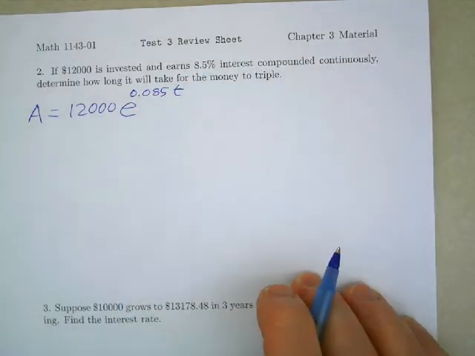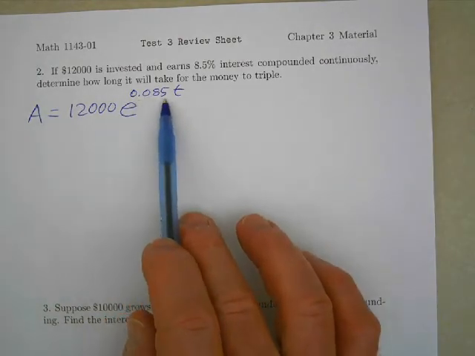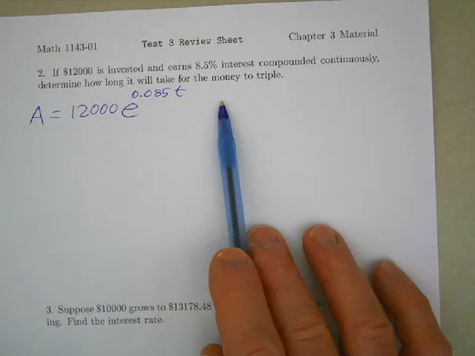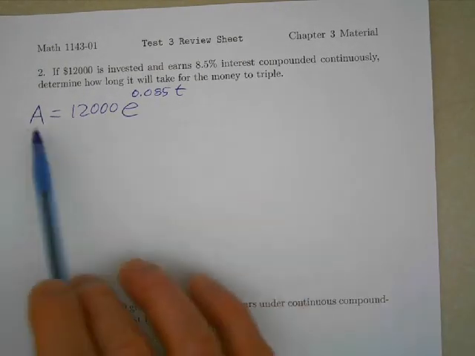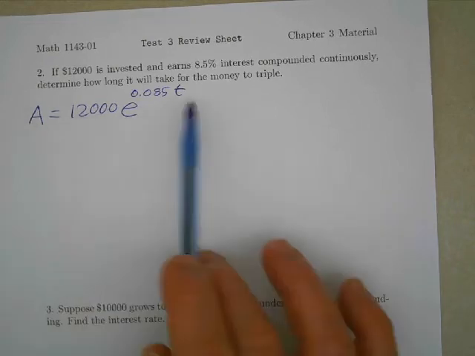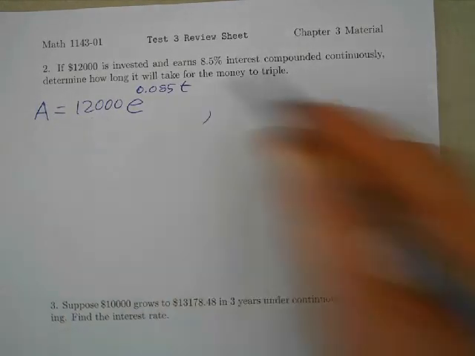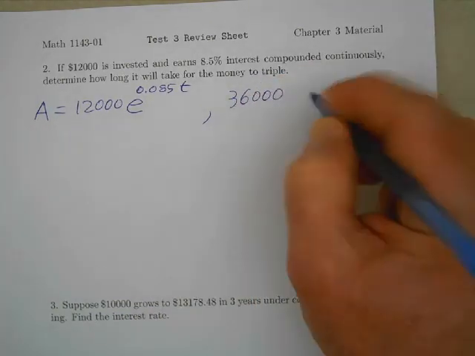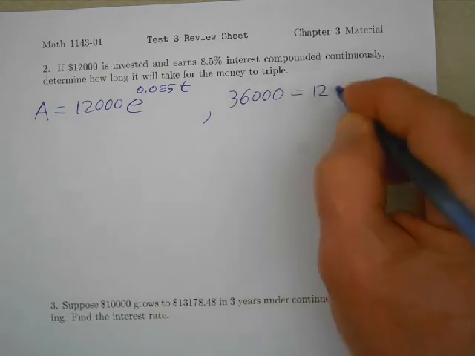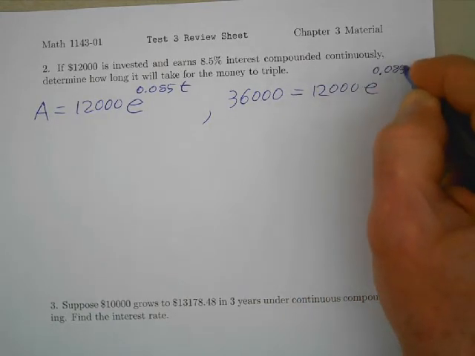The value of r is 0.085. So find the amount of time it takes for the money to triple. At some point in the future, the amount will be 3 times the initial amount. So 3 times 12,000 is 36,000. So you set 36,000 equal to 12,000 times e to the 0.085t.